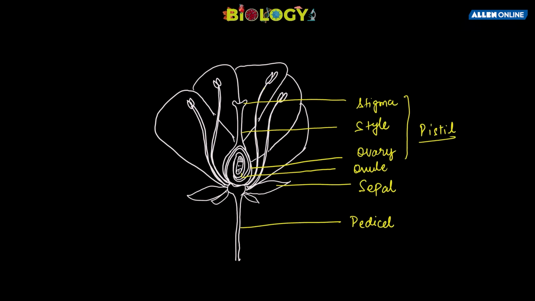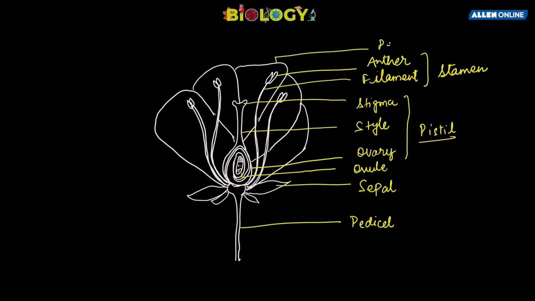And now we will label the filament, and the anther, and together we will label it as stamen, the male reproductive part. And now we will label the petal.